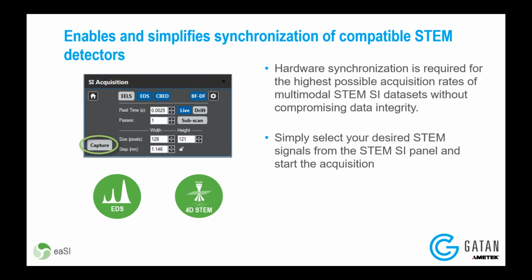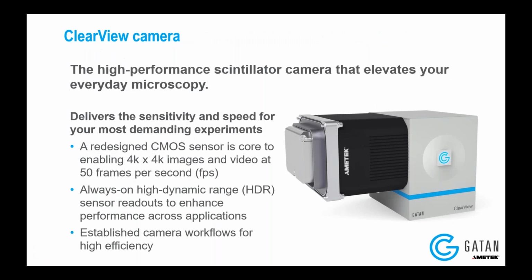DigitalMicrograph will link the two data sets and help you analyze them simultaneously, so you can have both elemental information and structural information mapped out over a large area of your sample. That's really the bleeding edge of where the technology is going and how these cameras can be leveraged together with other hardware on your microscope to give you more complete data sets for a wide variety of analyses.